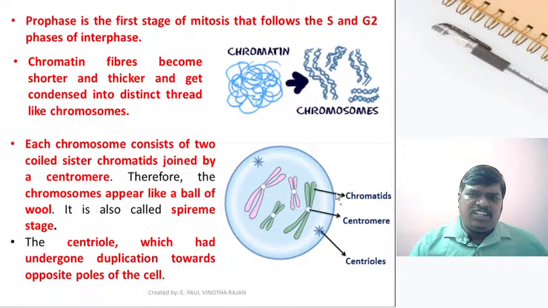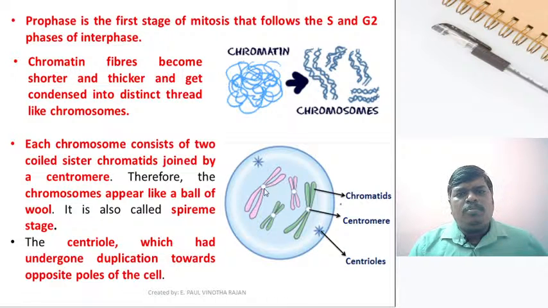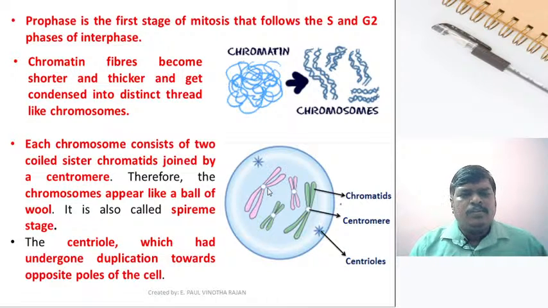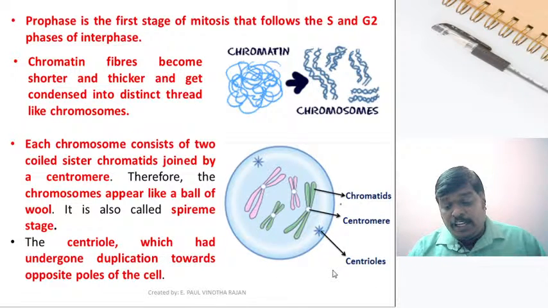They form a structure called chromatids. Each chromosome consists of 2 sister chromatids. So this is one chromatid, this is another chromatid. These chromatids are joined at a particular region. That region is called the centromere. And the typical structure of a chromosome is formed during prophase.